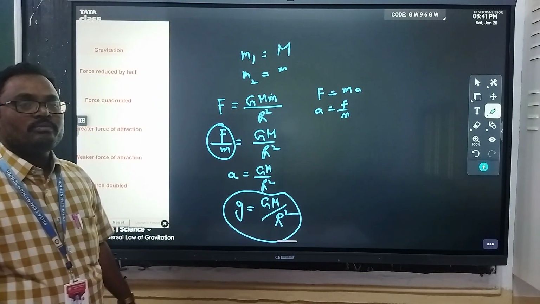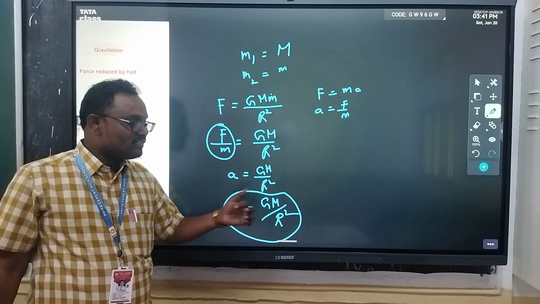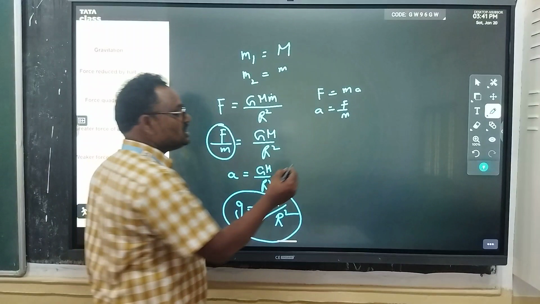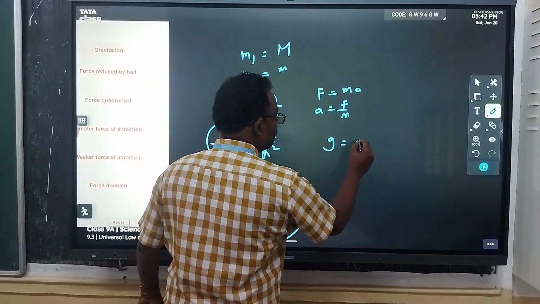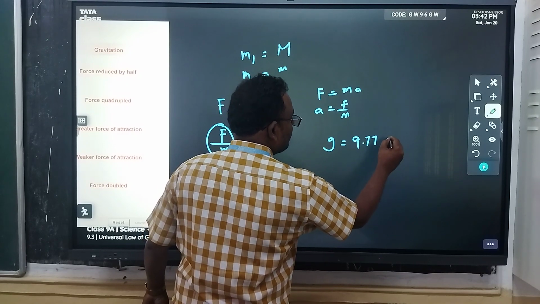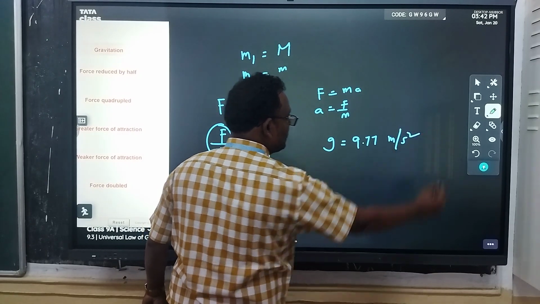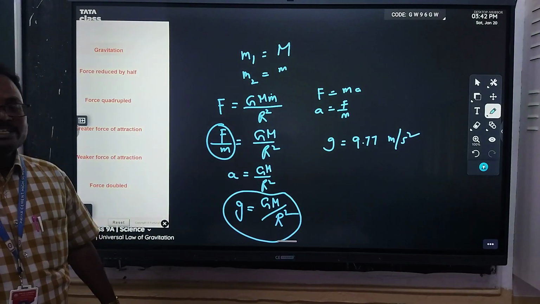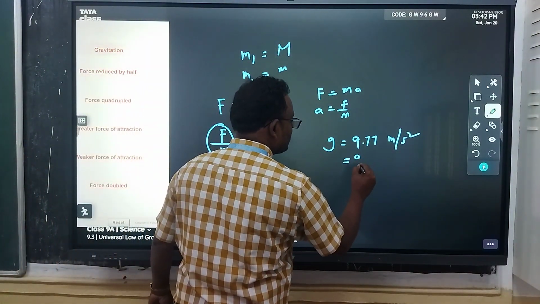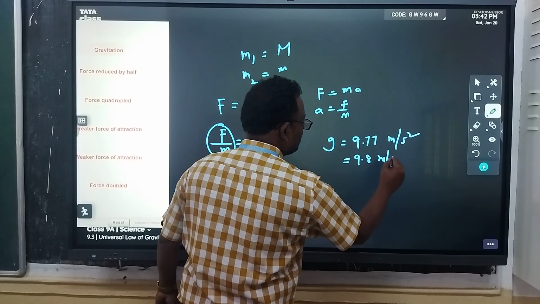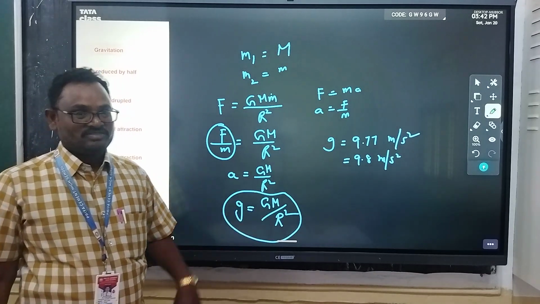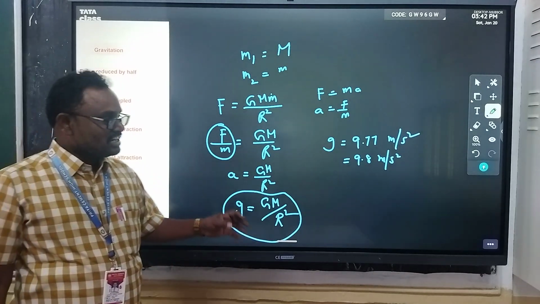If we substitute the universal gravitational constant value, the mass of the earth value and the radius of the earth value, we get the g value as 9.77 meter per second square. By rounding off, we get this as 9.8 meter per second square. So this is the gravitational acceleration.